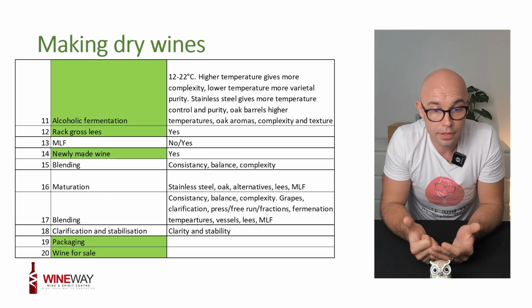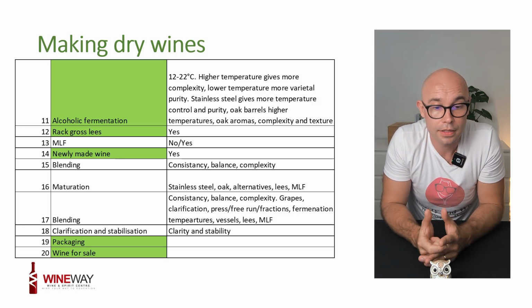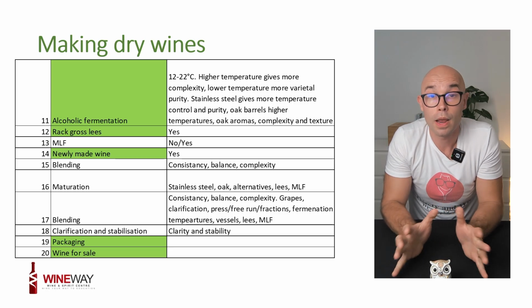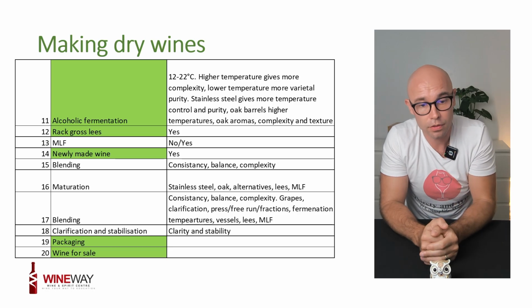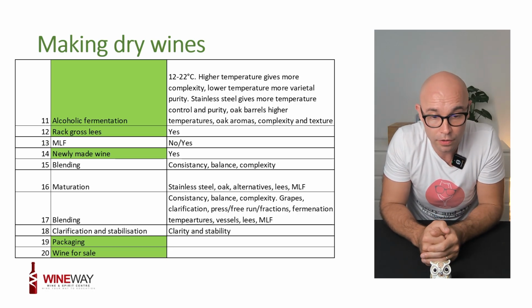Options for blending include blending different grape varieties, different clarification, different winemaking options done through the process of winemaking. So clarification, pressing, free run juice versus different fractions, different fermentation temperatures, different vessels, lees aging, malolactic conversion.